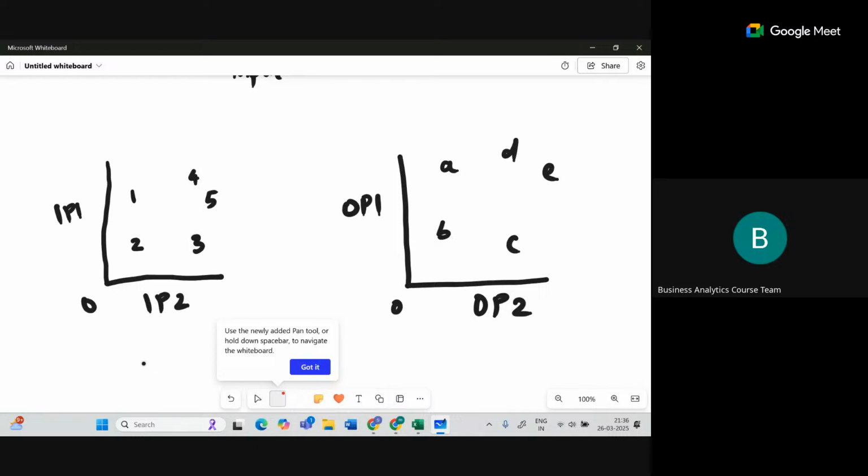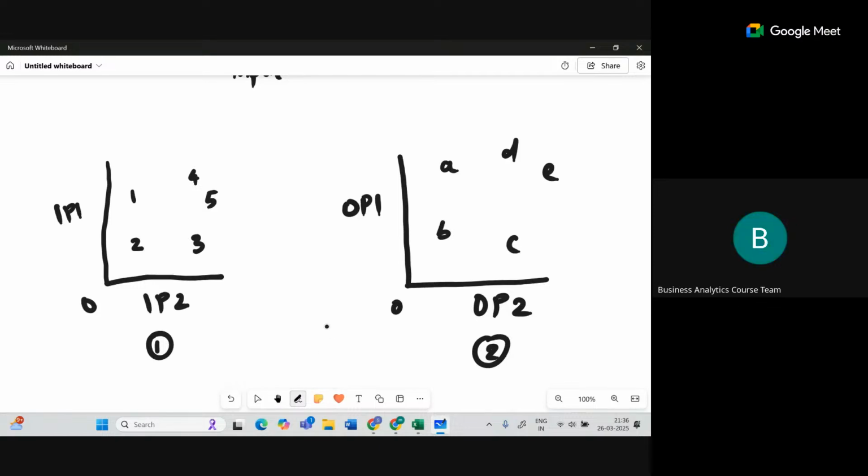Which are the DMUs that are efficient in your diagram 1? My drawing may not be good, but the idea should be clear. Which are the DMUs that are efficient here? 1, 4, 5, or 2, 3, 5, and so on. What do you think is efficient?